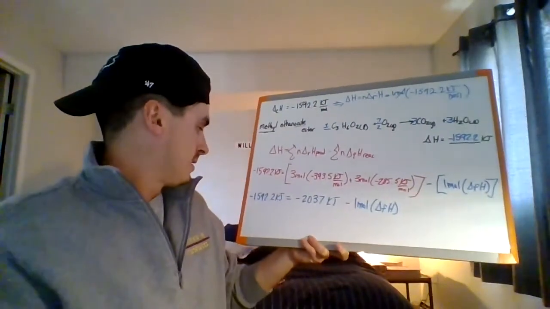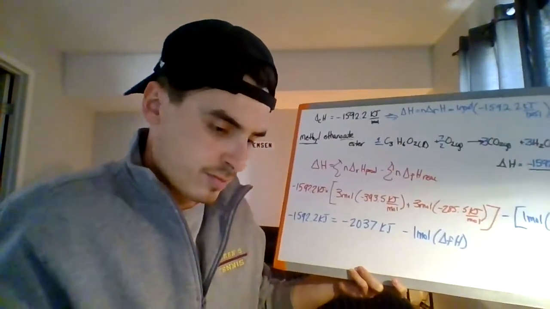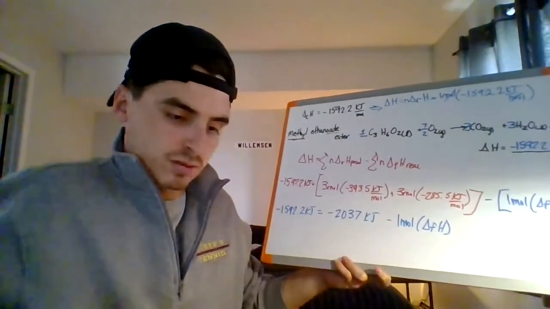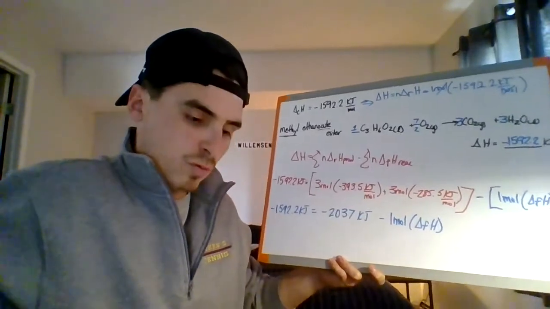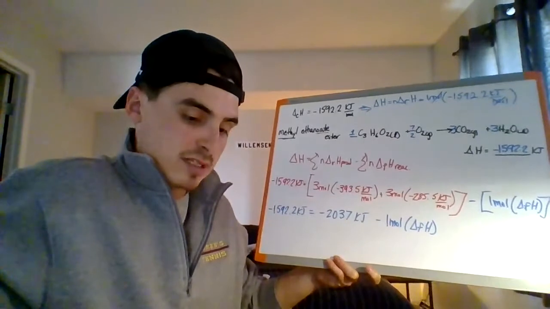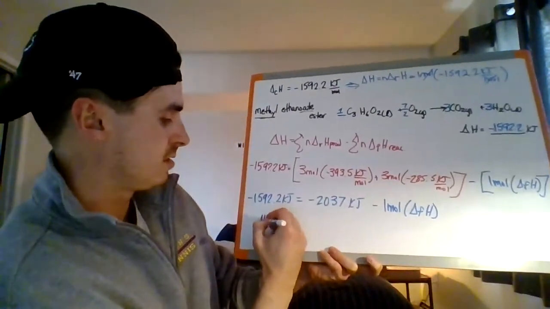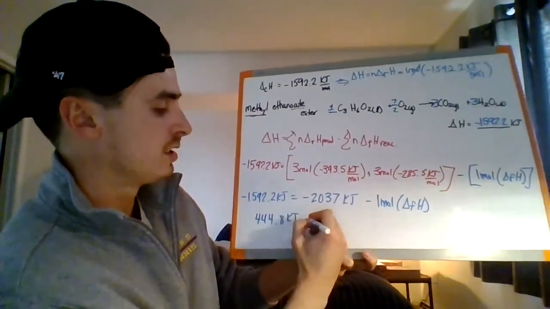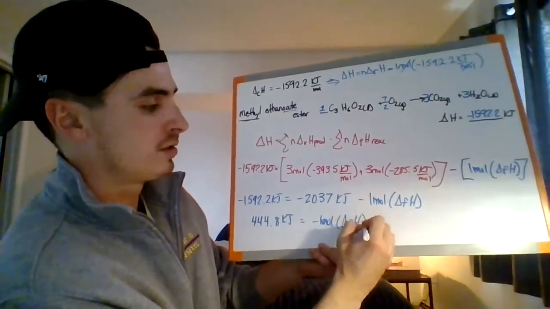So I get, oops, negative 1592.2 plus 2037 is going to give me 444.8 kilojoules is equal to negative 1 mole times delta FH.